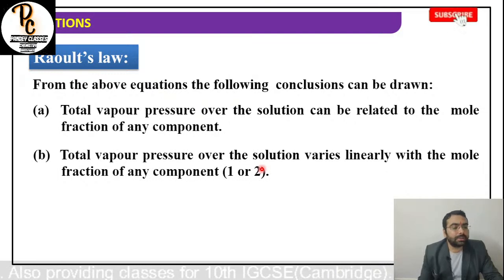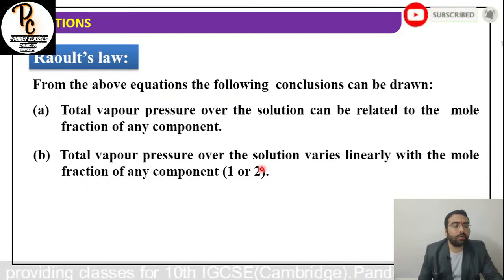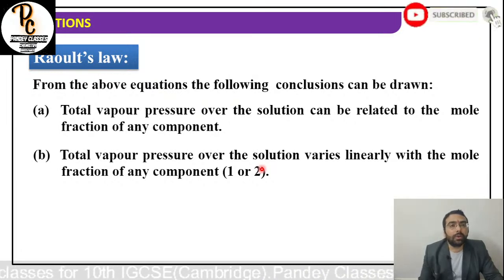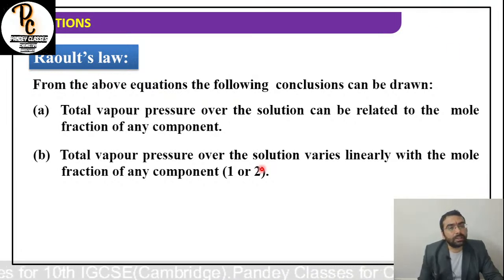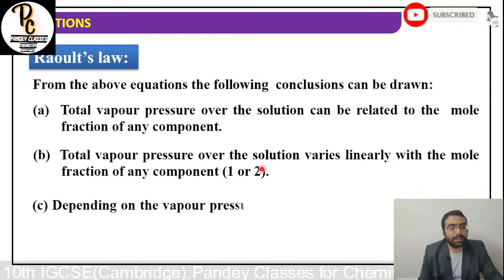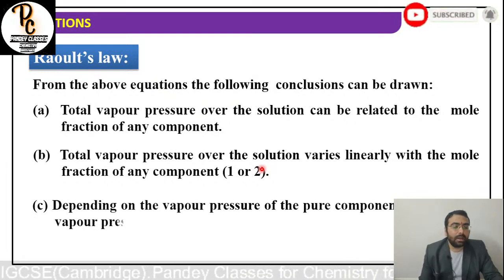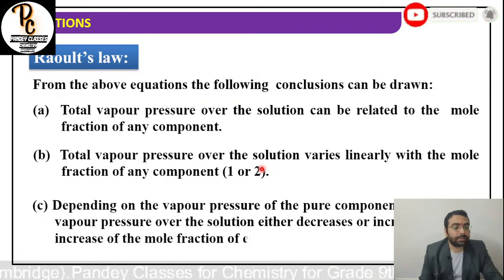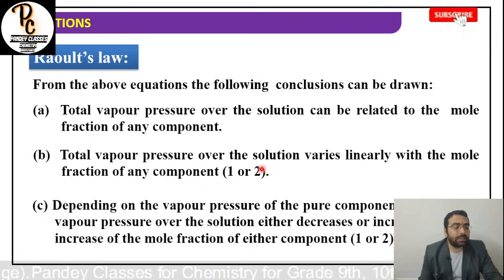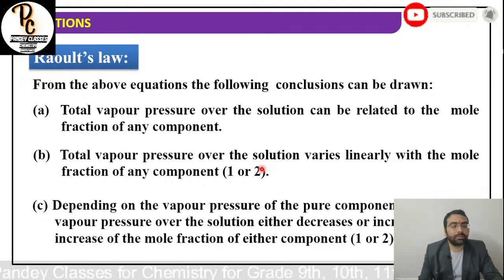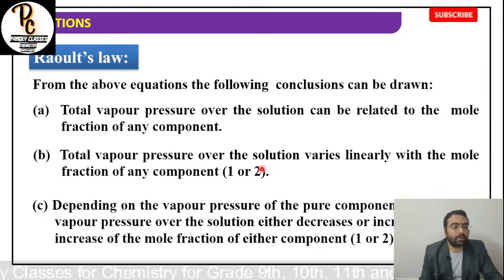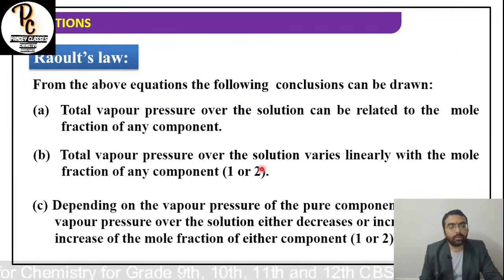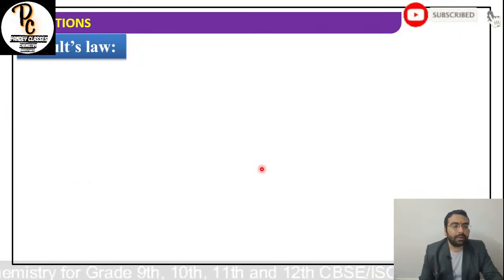If mole fraction is increasing, vapor pressure will also increase, and this increase will be linear. Depending on the vapor pressure of the pure components 1 and 2, total vapor pressure over the solution either decreases or increases with the increase of the mole fraction of either component. So it totally depends on the mole fraction of the component.